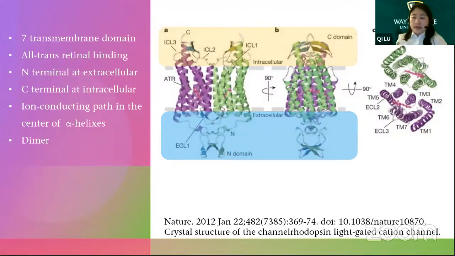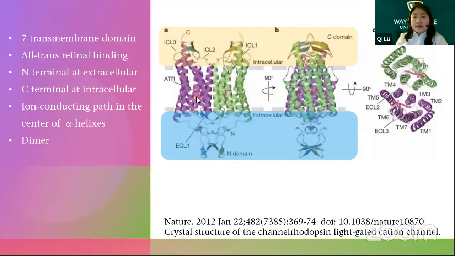This work was published in Nature in 2012 from a Japanese group, Kato. In their study, they discovered that the channelrhodopsin forms a dimer. Let's see, I will try an annotation spotlight, this one here.